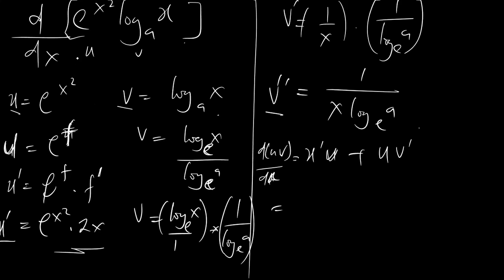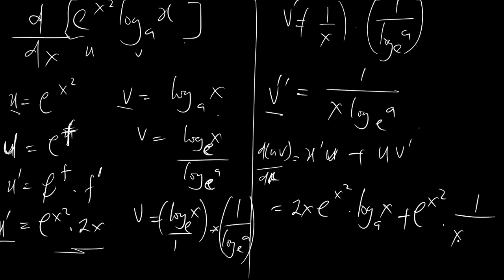So the derivative of this will be u prime, which is 2x e^(x²), times our v, which is log x base a, plus our u, which is e^(x²), times our v prime, which is 1 over x log a base e.